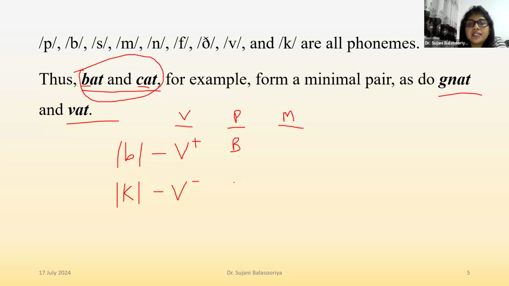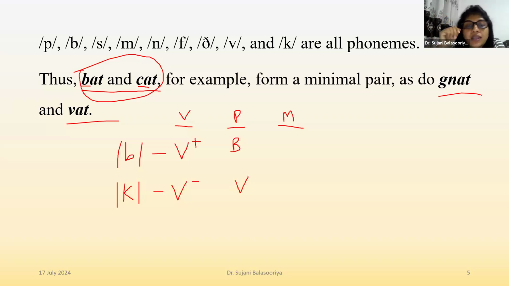Now, these are the things you should remember by now, of course. K is a velar consonant because we produce k by touching the what? Back of the tongue with the velum or soft palate. Velar. K. Velar consonant.